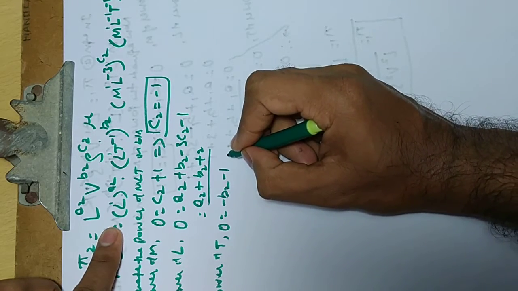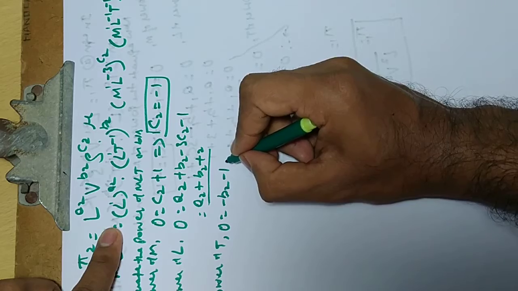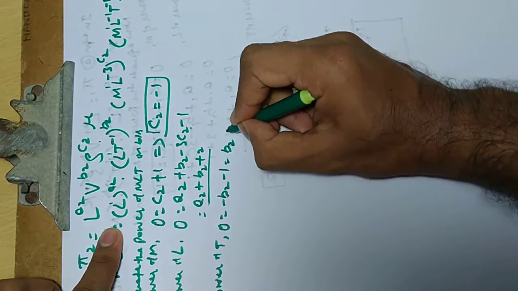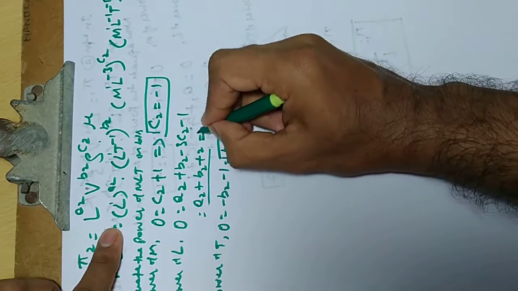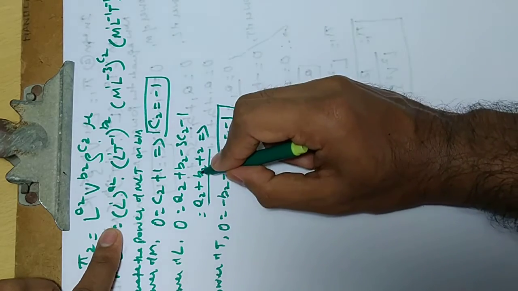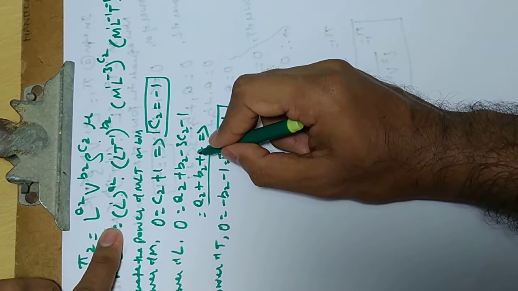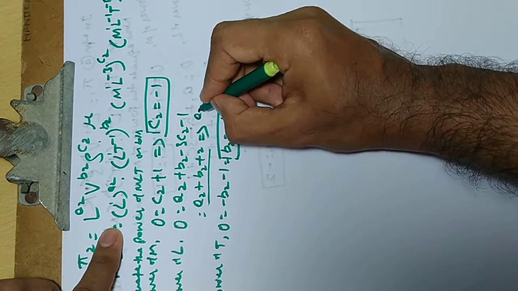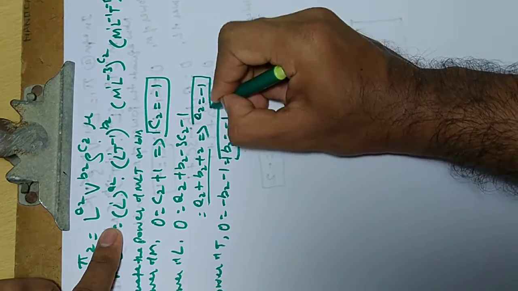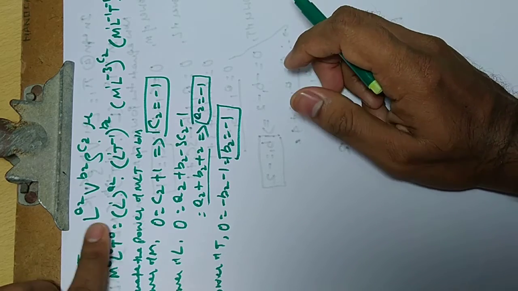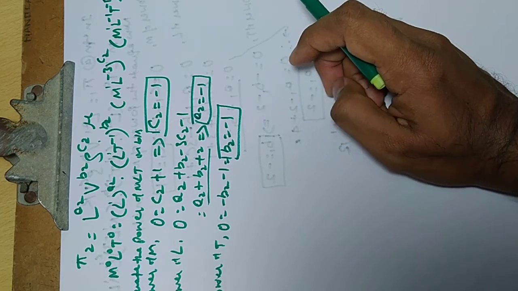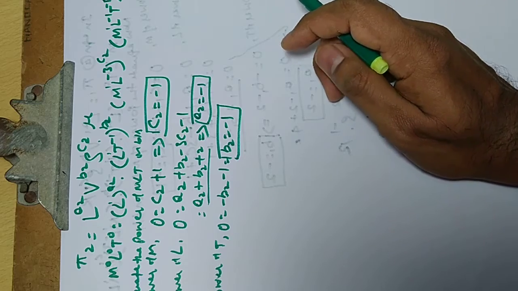So b2 becomes minus 1. Now in this equation, what becomes? Minus 1 plus 2 plus 1. So a2 becomes minus 1, b2 becomes minus 1, c2 is also minus 1.